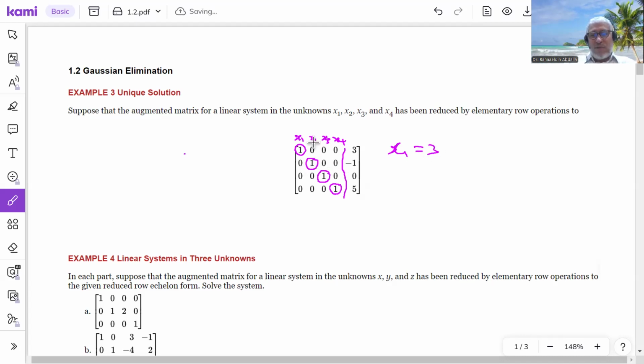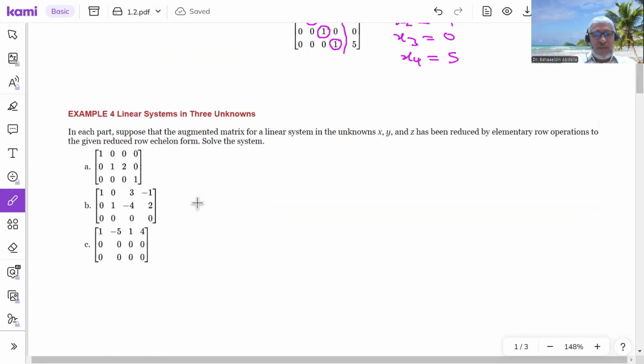Second row will give you the second equation: x2 is equal to -1. x3 is equal to 0. x4 is equal to 5. So this is the solution of the system. Once you reach this form, you can just read off the solution of the system.